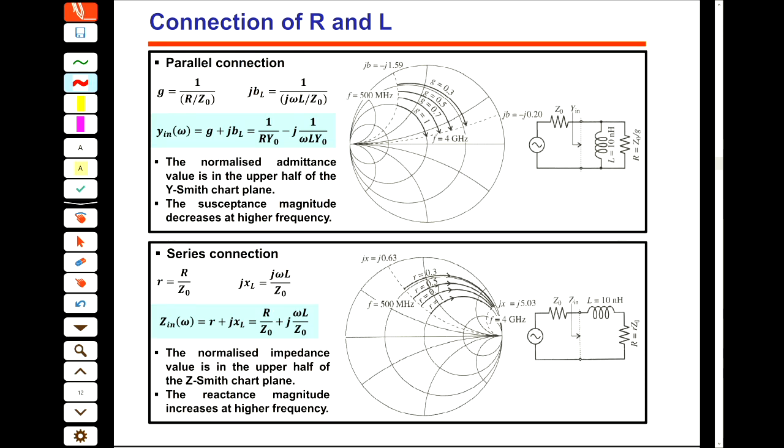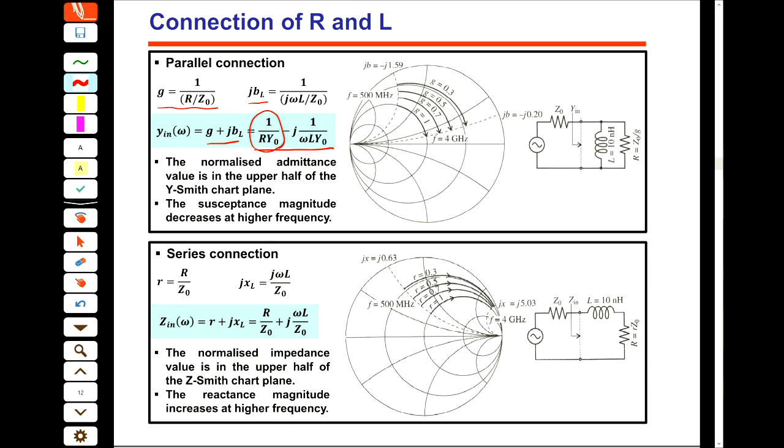As they are in parallel, we are interested in admittance. Okay? So the admittance of R is coming from this formula. The admittance of L is coming from this formula, and then these two in parallel is coming from here.